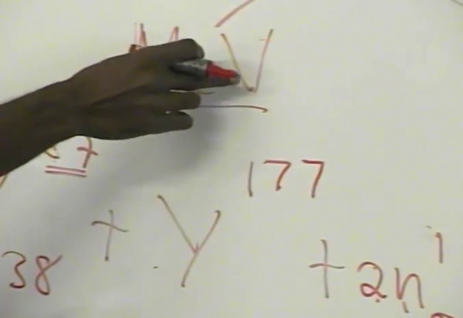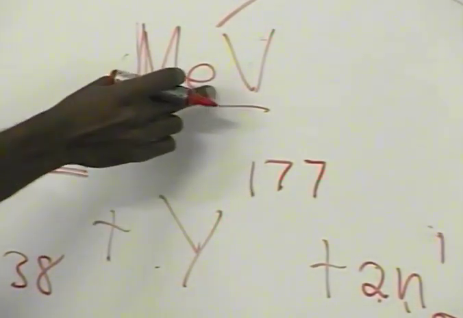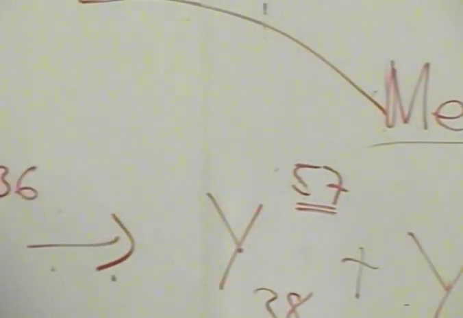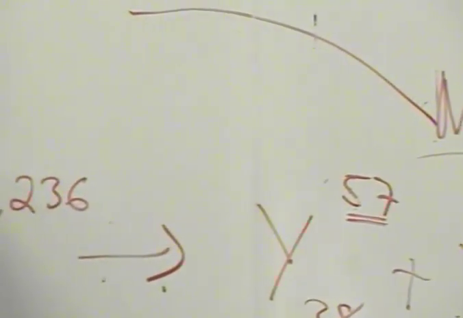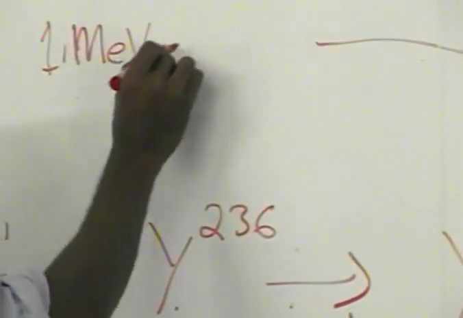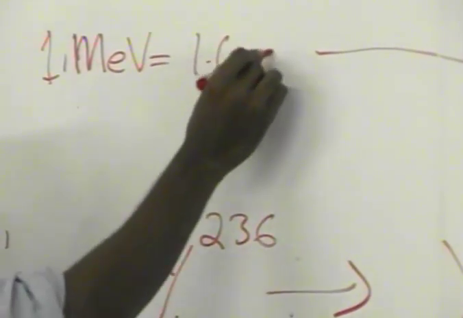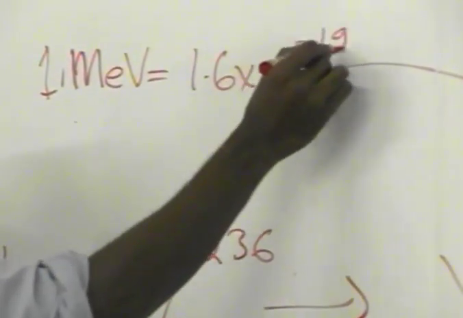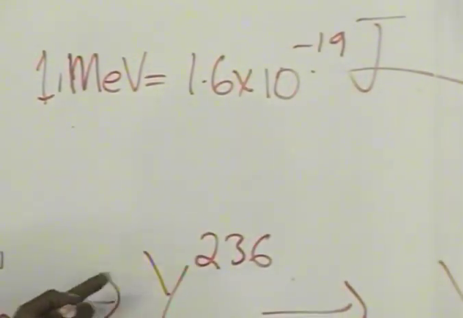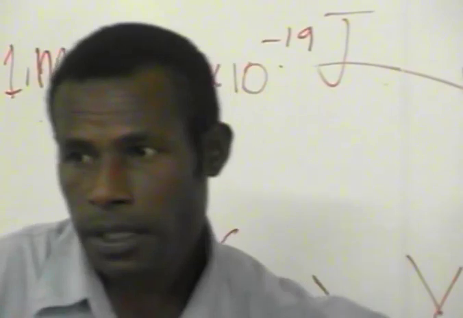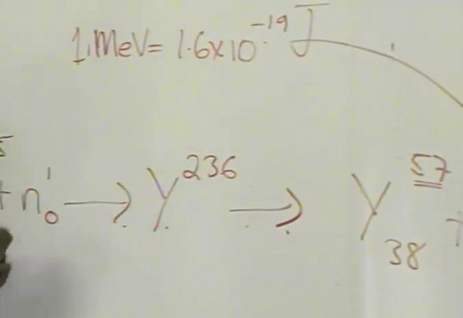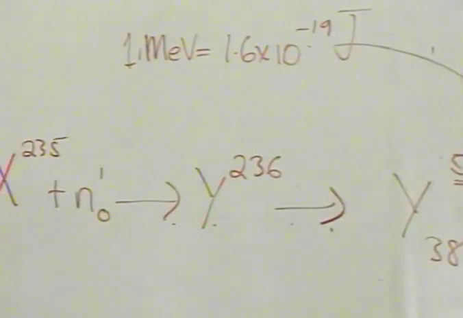This MeV stands for mega electron volt. 1 MeV is equal to 1.6 times 10 to the minus 13 joule. So this amount of energy is given from this fission process.